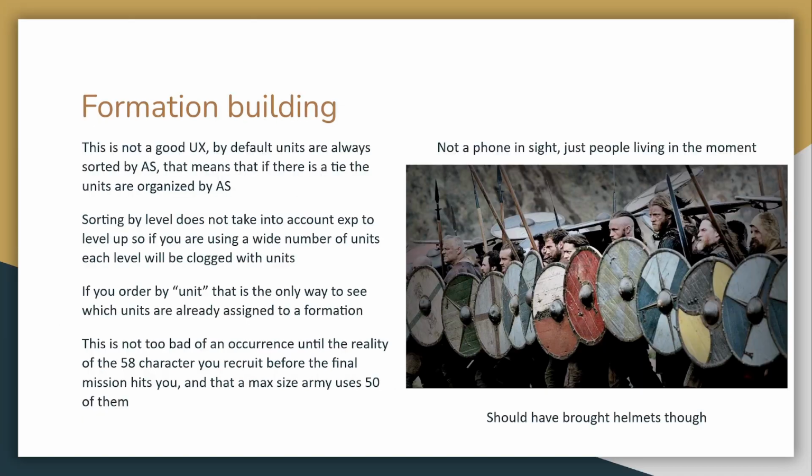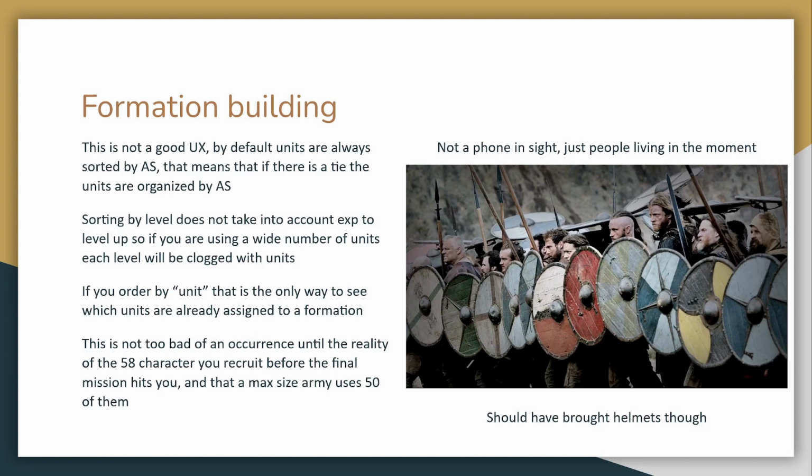Now let's talk about formation building. This is just not a good user experience. By default, units are always sorted by acquired sorting, and that means if there's a tie, then the units are organized by acquired sorting. So if you sort by level, for instance, the game doesn't take into account experience to level up.